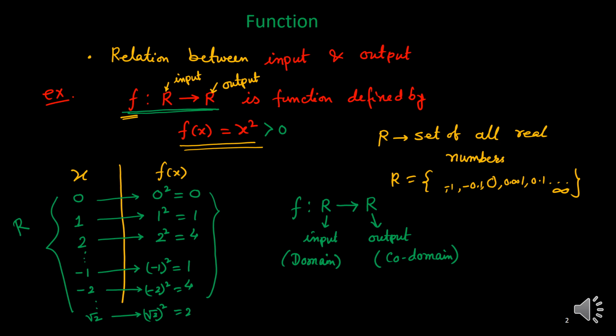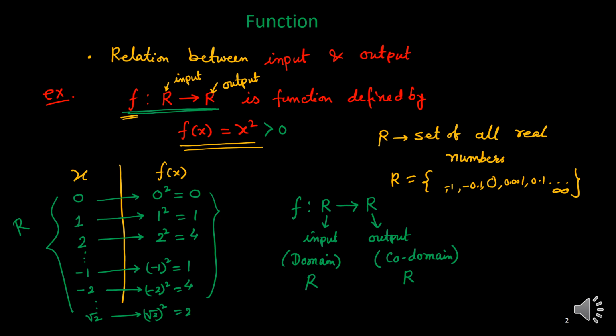I'll discuss these things. Another word is range. Here you can see the input is given as R, and the output is also R. But we understand that this function is always going to be positive.